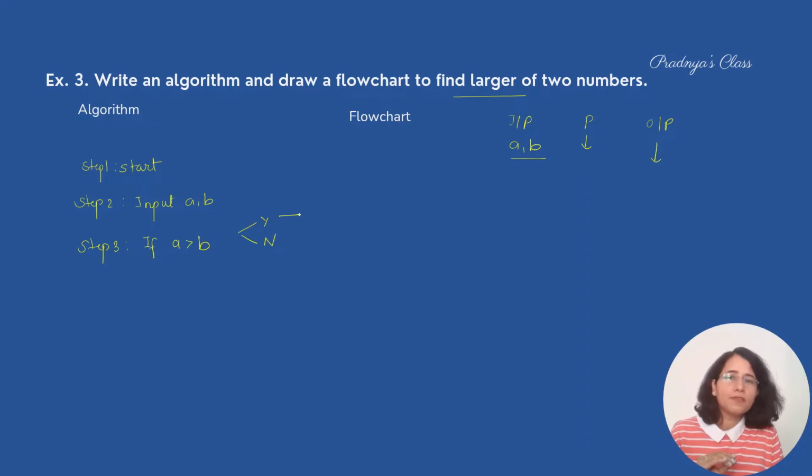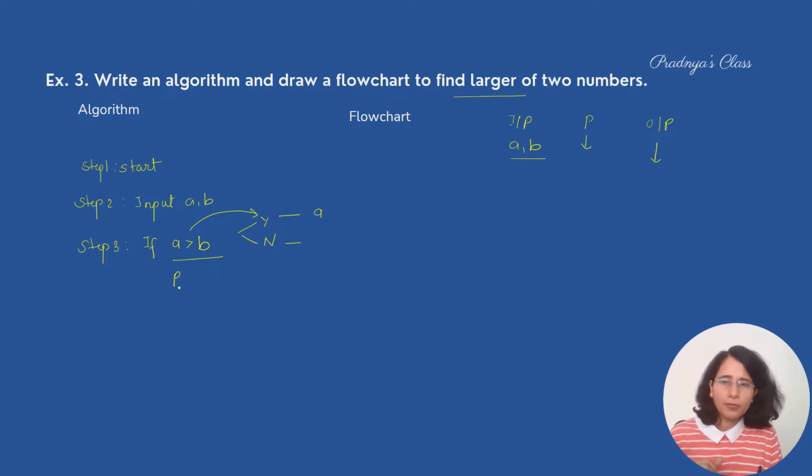If it is yes, we will have some statements. If it is no, we will have another set of statements, and any one of those will get executed based on the condition. So look at that if statement. If A is greater than B, if this statement is true, you will get yes. Then A is greater than B means A is larger.